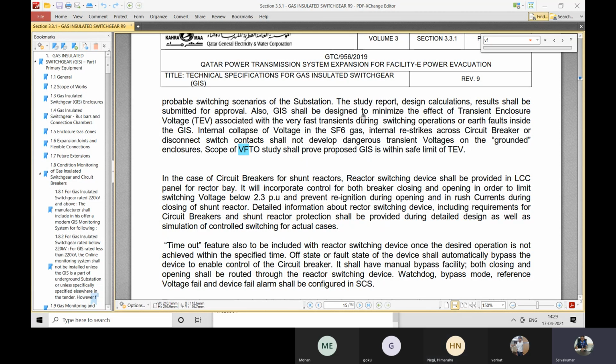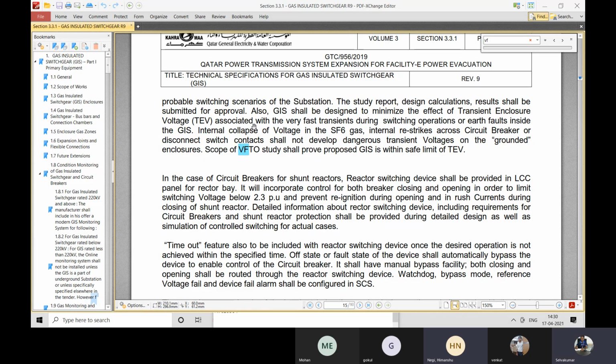Also, GIS will be designed to minimize the effect of transient enclosure voltage. Correct. You will be doing this using CDEGS. In CDEGS you do a very simplified model. It doesn't include any form of disconnector or switches or anything. All you do is model the below ground earth mat, and it again varies from manufacturer to manufacturer.